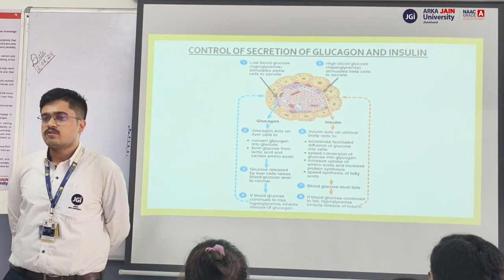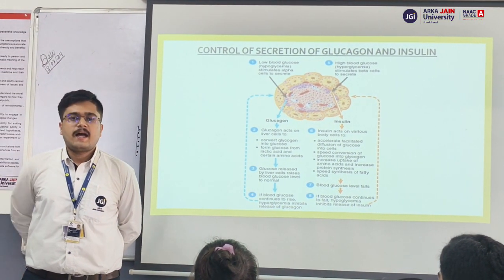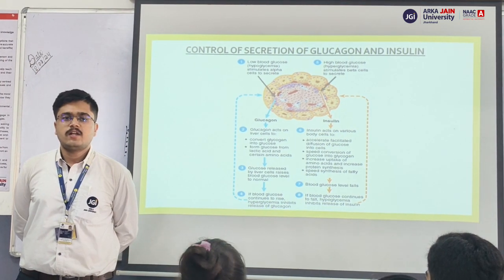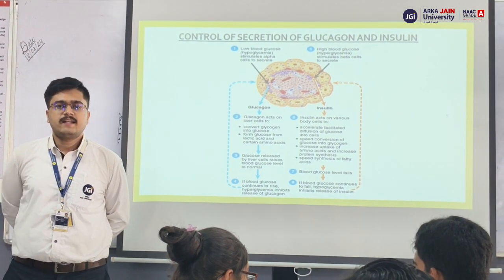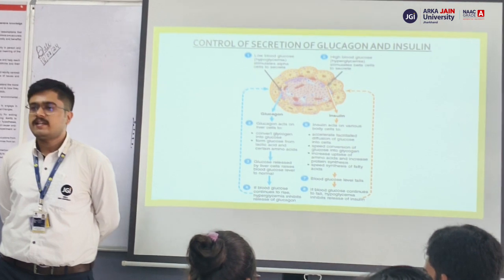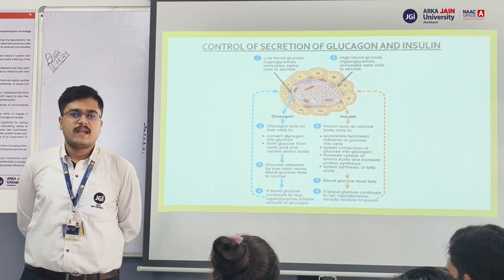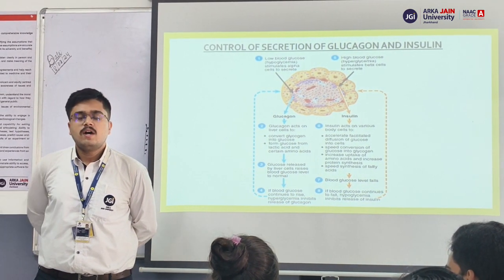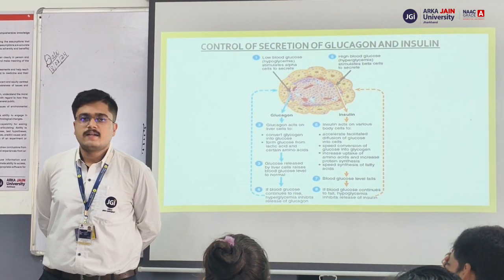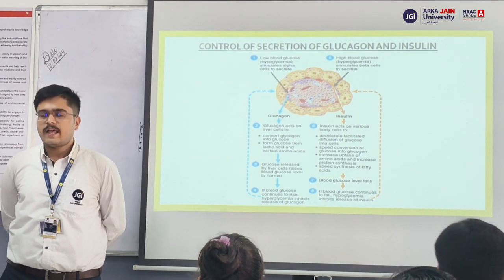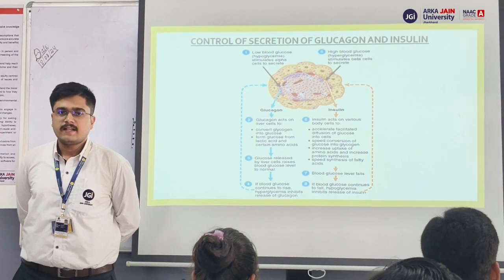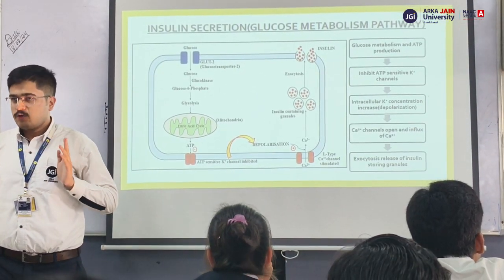Next comes the insulin. If the hyperglycemic condition continues to go on, then in that case, insulin will be released from the beta cells of the islets of Langerhans. This will lower the blood glucose level, and similarly the hypoglycemic condition will take place, and the cycle continues. The process is dependent upon glucose.